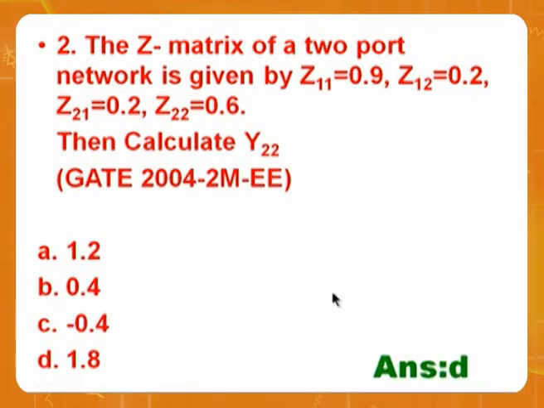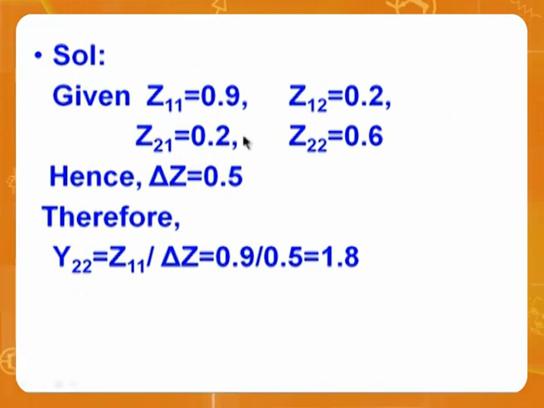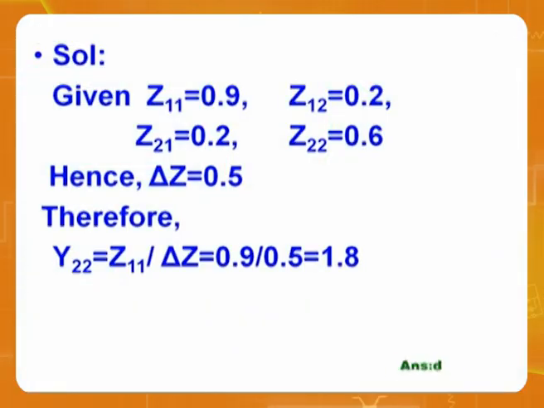Let's see the options and the problem. Calculate delta Z, 0.5. Y22 is Z11 by delta Z, that is 0.9 by 0.5, 1.8. This is going to be very quick because it is within the same pair. Same pair means Z is a pair for Y, Y is a pair for Z. This is question number 2, the option is D.